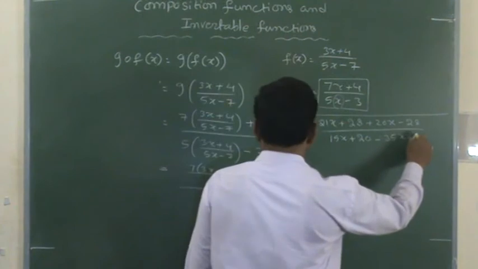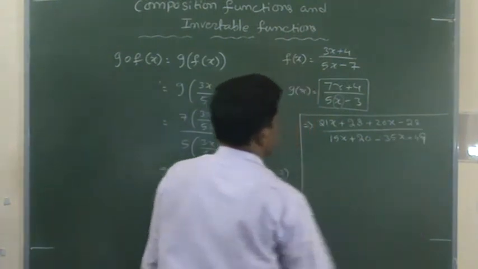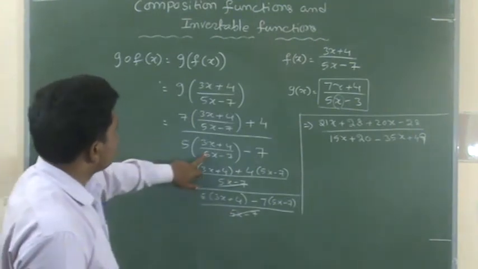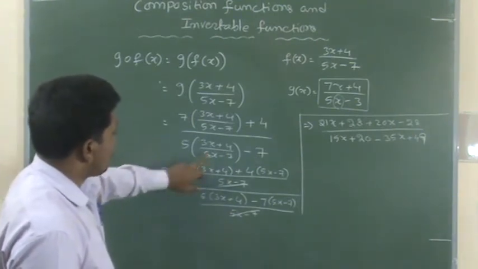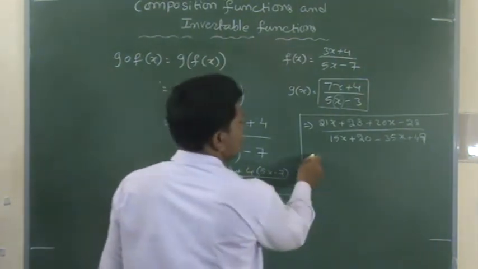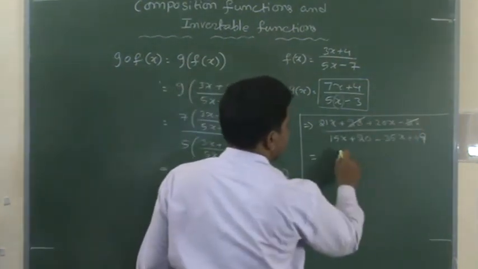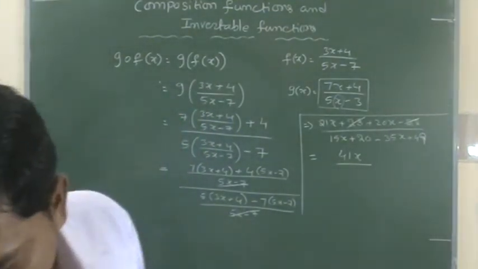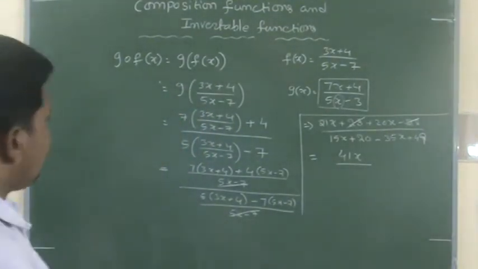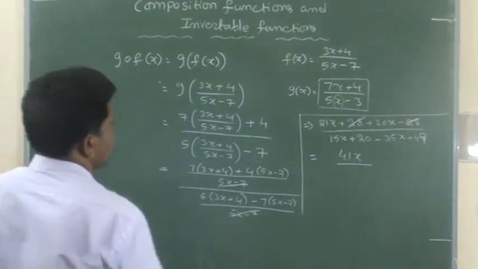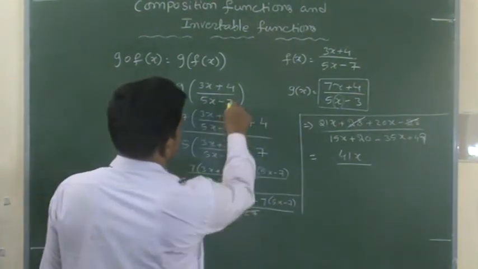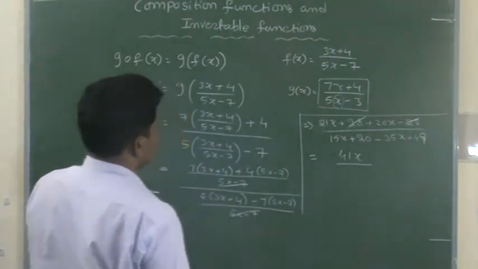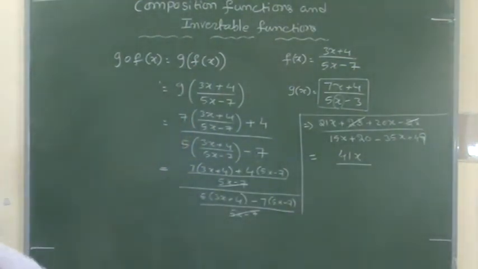Plus 49. I think something is wrong there. 7 into 3x minus 7. Okay. After that 28 cancels, we get 41x. In the denominator, 15x I want, right? So there is a mistake here. I think f of x has a mistake.